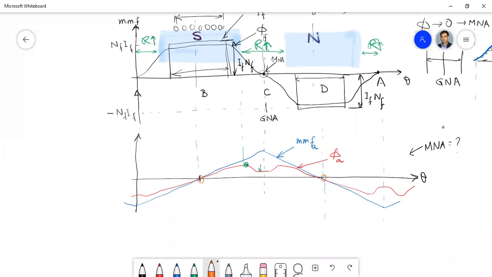You get some MNA, isn't it? Magnetic neutral axis. But you see that there is a difference between this magnetic neutral axis of the poles or field winding and magnetic neutral axis of the armature. Can you tell me what is the exact difference?